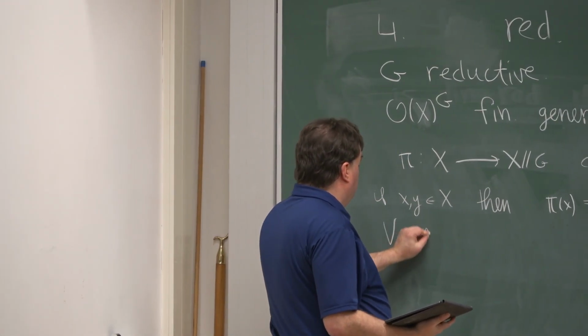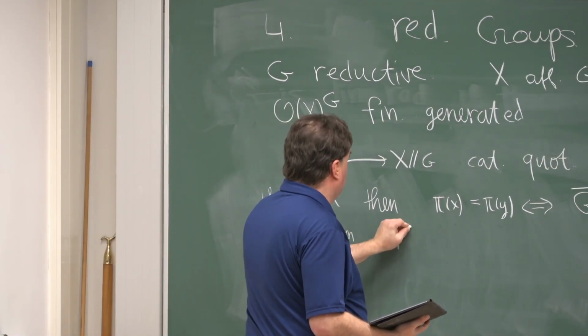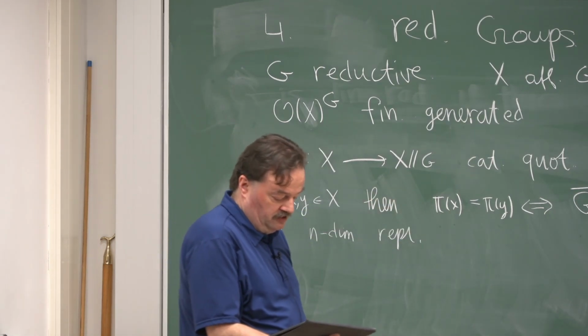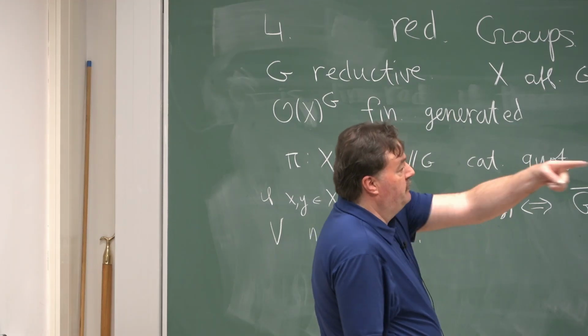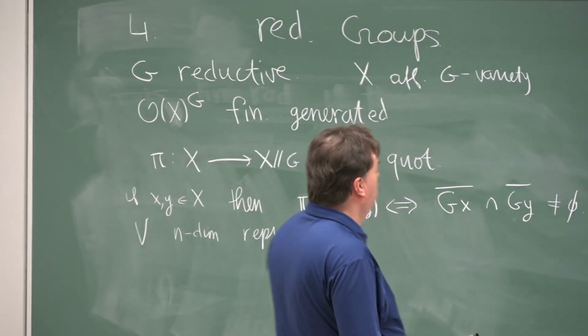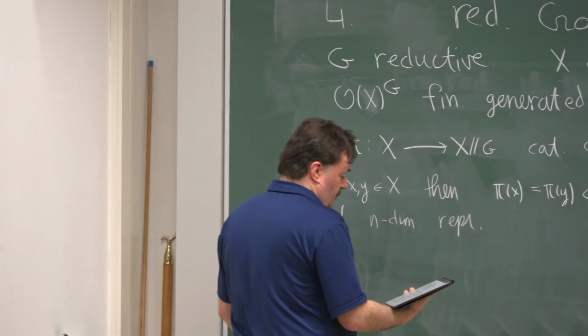So let V again be an n-dimensional rational representation. So in the situation before, we again have this ideal I. And so what is the zero set of this ideal I?